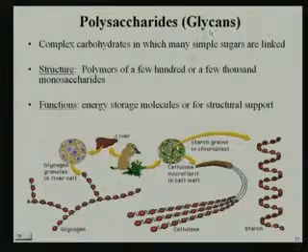If you remember, when I talked about the bacterial cell structure, I told you that NAM and NAG, N-acetylglucosamine and N-acetylmuramic acid, are the glycan chains which give strength to the cell wall of the bacteria. Similarly, this is a polymer of carbohydrate moieties, and its function is energy storage, or it gives structural support.